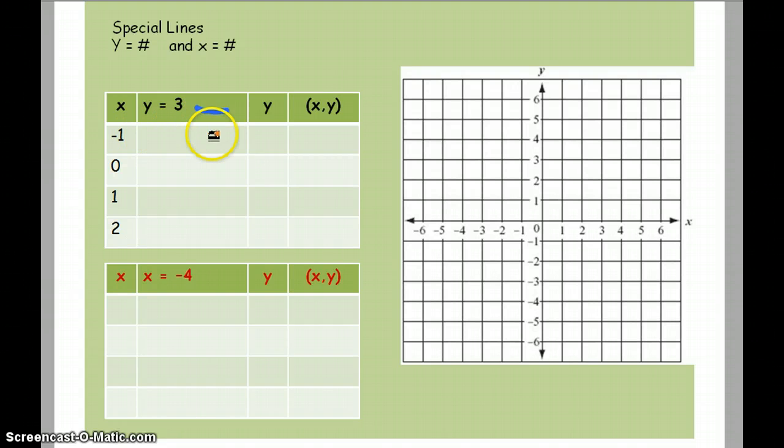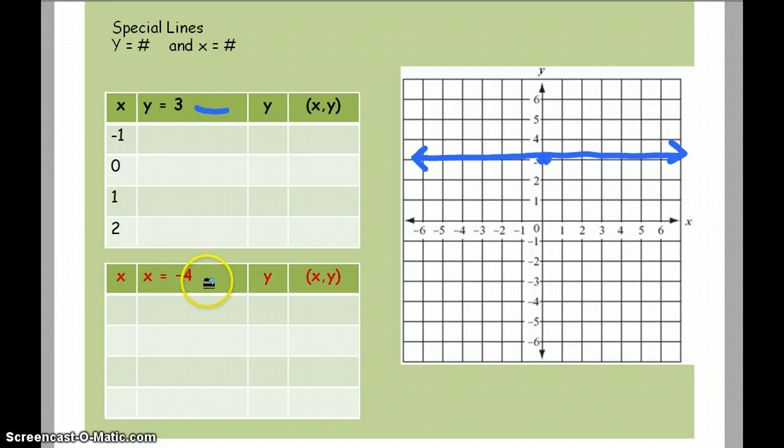So I've got y equals 3, so I'm going to go on the y-axis and go to the 3. I need to draw a line that only crosses the y-axis, doesn't cross x at all. In order for it to not cross x, it has to be parallel to x. So I'm going to draw a horizontal line that goes through the point 3 on the y-axis.